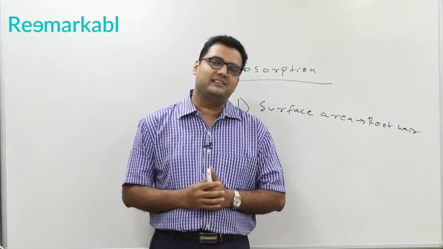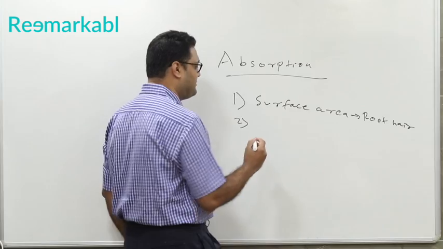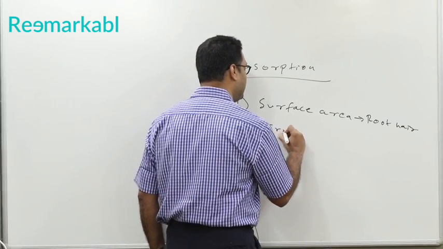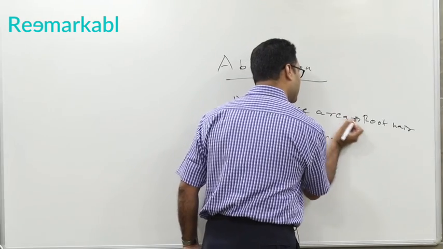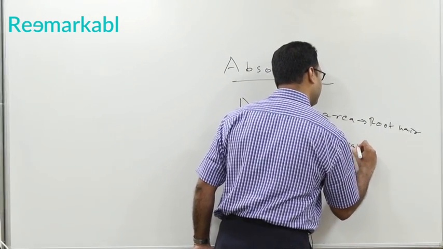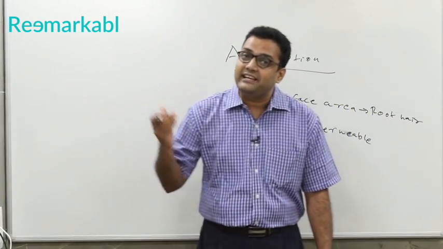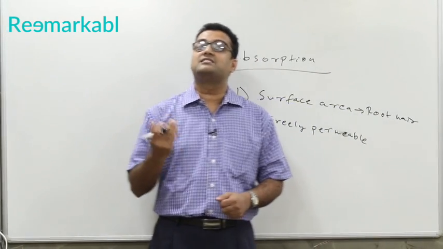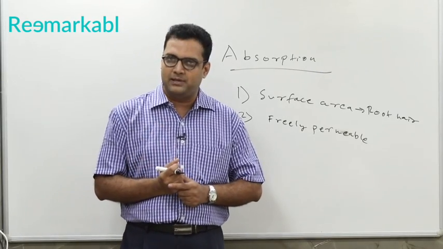Children, as you have learned in 9th standard, the cell wall's characteristic feature is that it is freely permeable. What do you mean by freely permeable? Freely permeable means water can easily enter as well as solutes can easily enter. Such a membrane is called a freely permeable membrane.